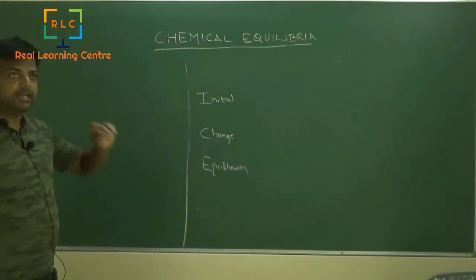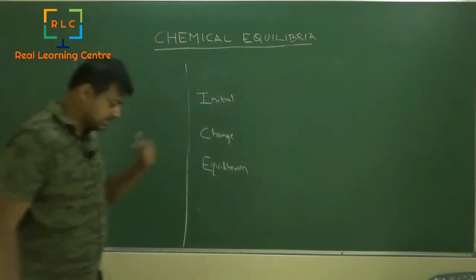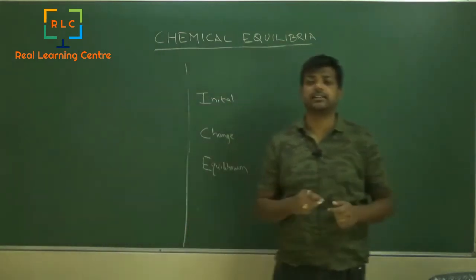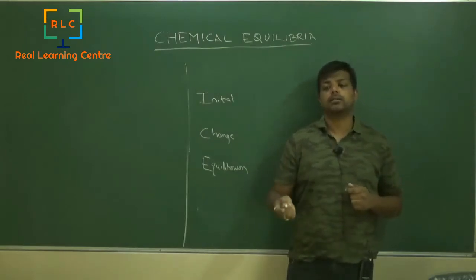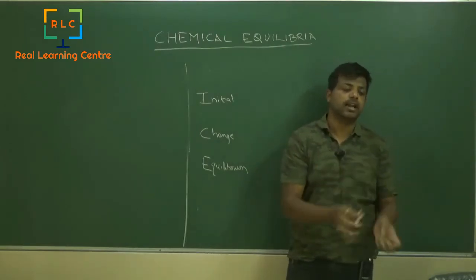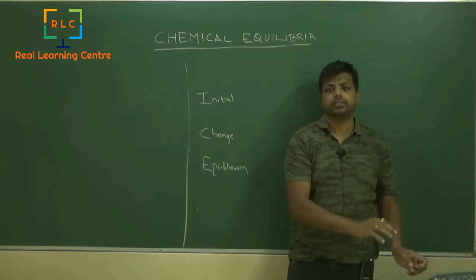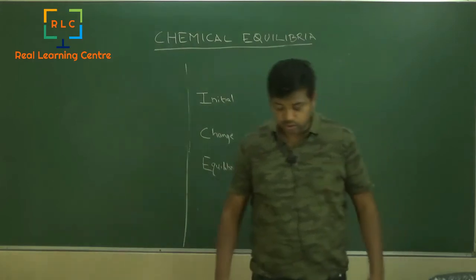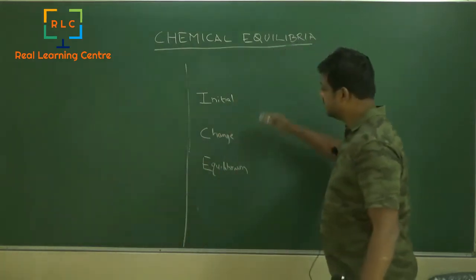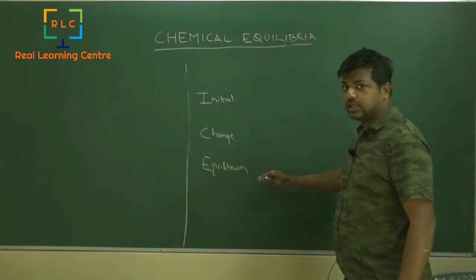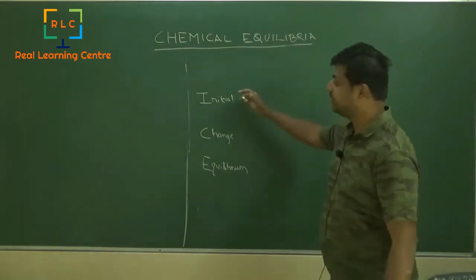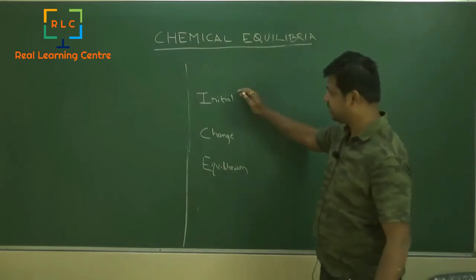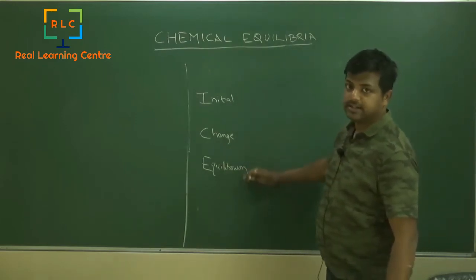Let's say there's a reaction that happens, and some part of the reactants get converted to product, right? Finally you will have some amount of reactant which is left over and some amount of product which is newly formed, right? So you have to write the status of each of the reactant and product at each of the three stages: initial, the change that is going to happen, and equilibrium or the final.